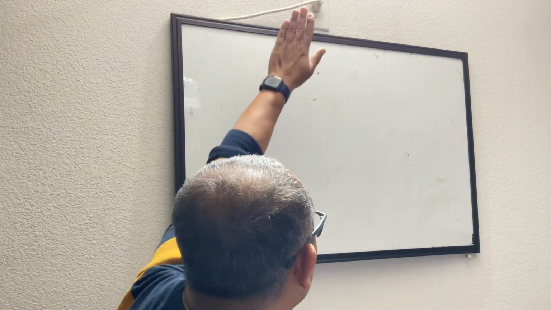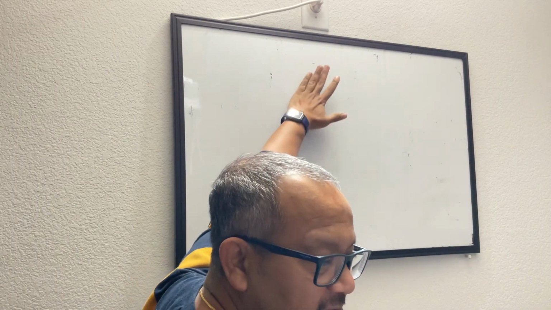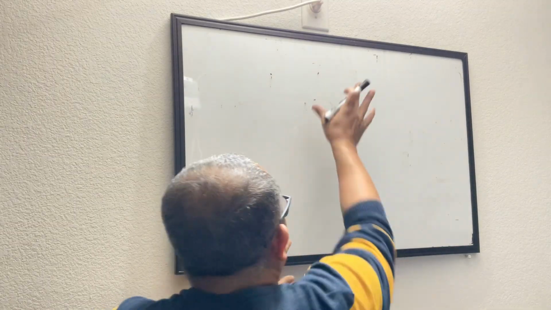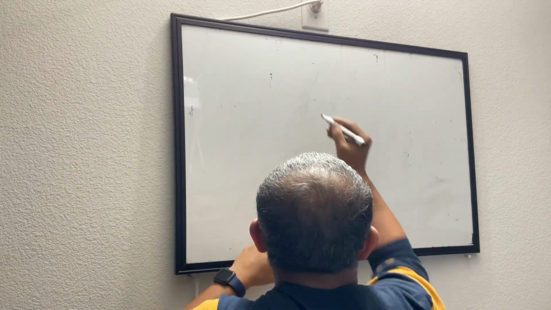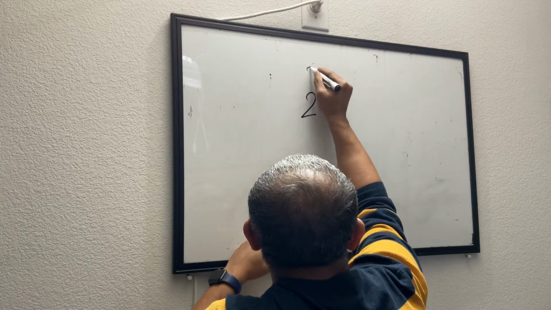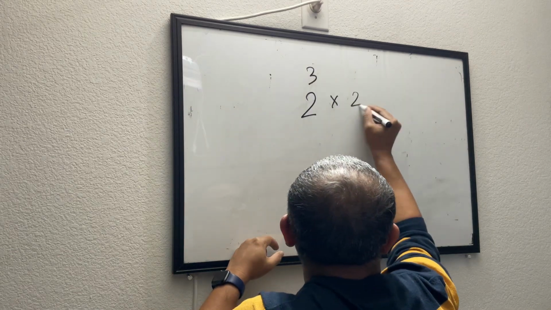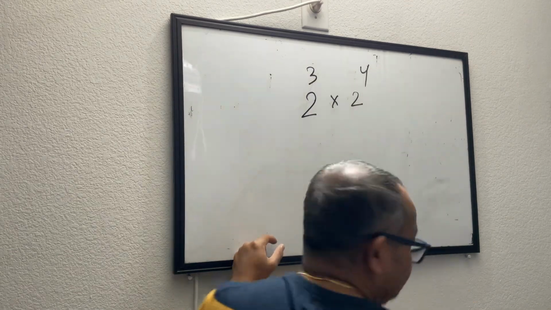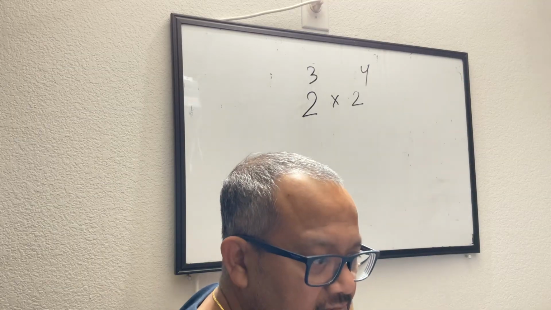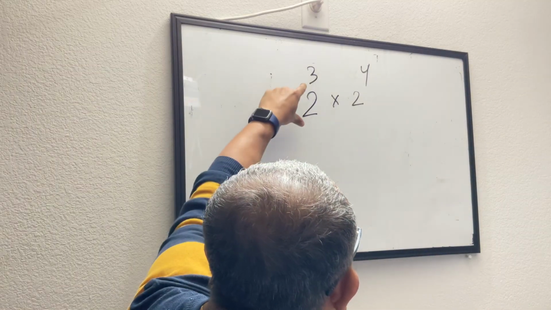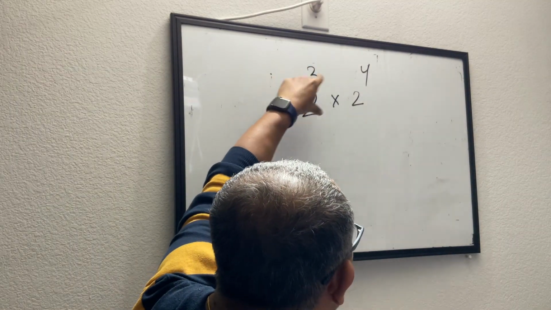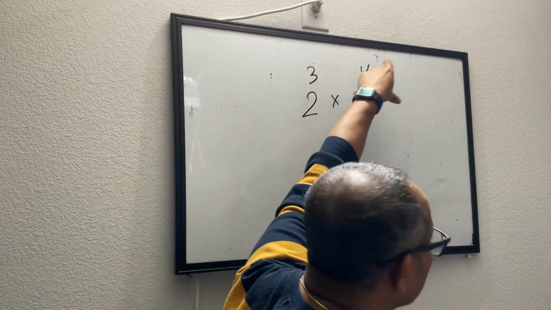Now, look at what I'm doing now. So, Manas, share it, okay? Let's say if I have 2 to the power 3 into 2 to the power 4, okay? I don't want you to do 2 into 2 into 2, that is 8, and this is 2 into 2 into 2 into 2, that is 16.